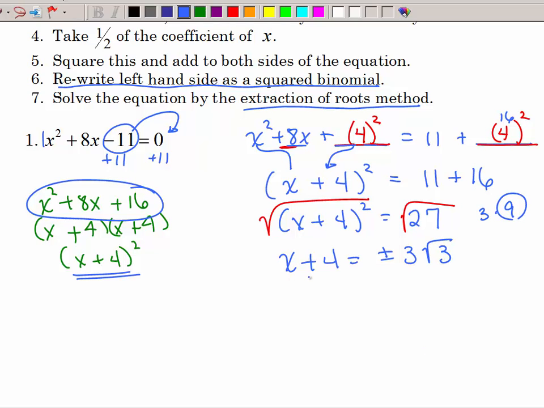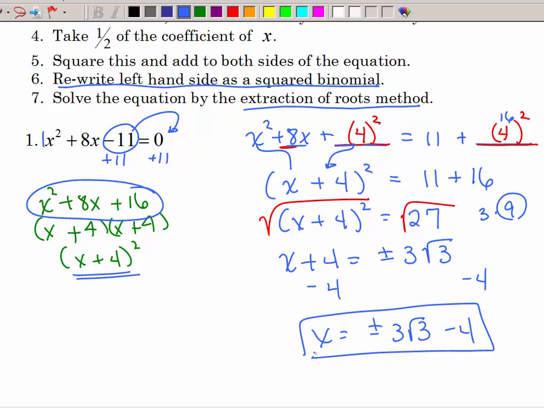Then I still want to solve for x, so I'm going to subtract 4 from both sides. It's not hard, it is just a little bit different. So we have to go through those steps and remember our extraction of roots method.